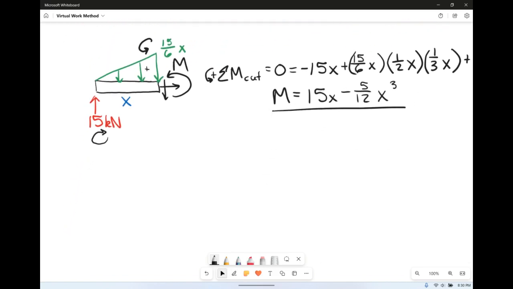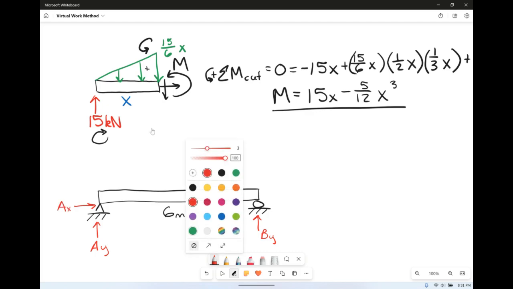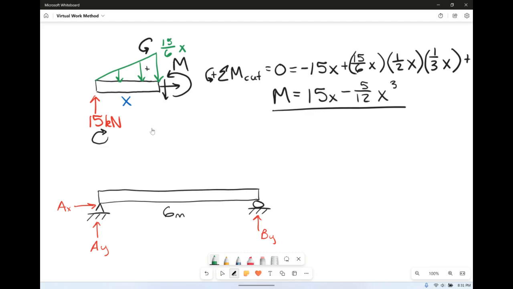Now, the next step is to unload the beam. So here we have our beam unloaded. We just simply have a pin and a roller on our 6-meter beam. We have a new AY and a new BY, technically a new AX, and we need to apply, because we want to find slope so that we can set slope to 0 to find that distance, a rotation.